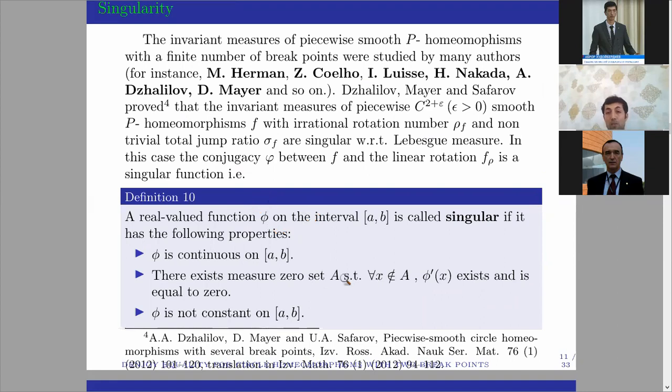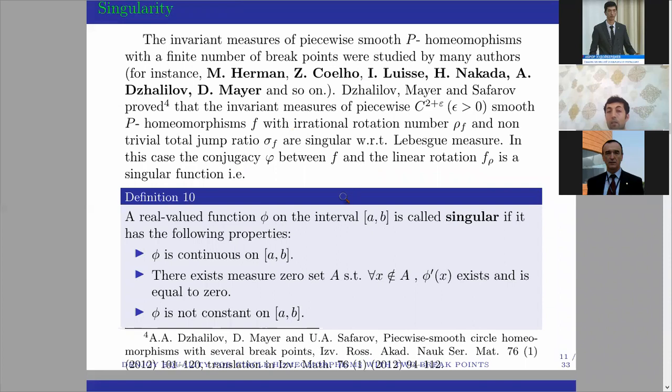The invariant measures of piecewise smooth homeomorphisms with a finite number of breakpoints were studied by many authors, such as Herman, Eulers, Lewis, Nakada, Dzhalilov, Mayer, and other scientists.